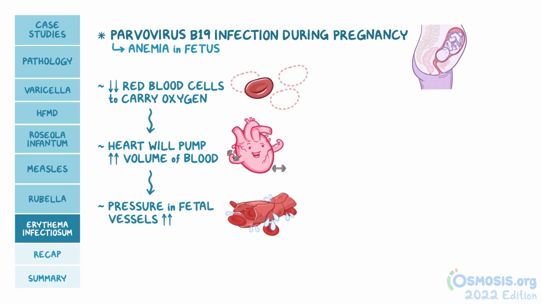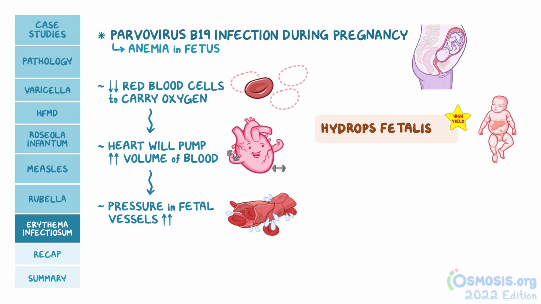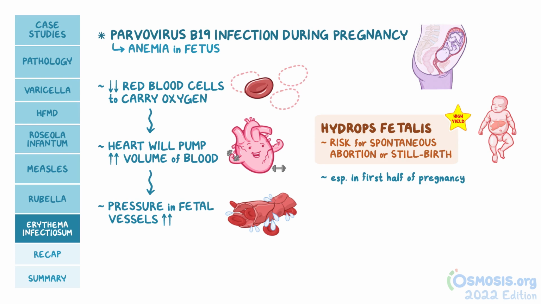This can ultimately result in hydrops fetalis, or the abnormal accumulation of fluid in soft tissues, which poses a great risk for spontaneous abortion or stillbirth, especially if the infection occurs in the first half of the pregnancy. The good news is that most fetuses survive, and the infection doesn't cause any permanent defects or malformations.